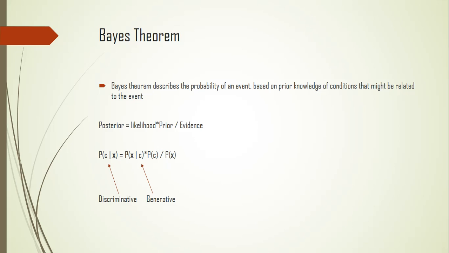For example, the probability of class C, given the data we have, the word X, is equal to the probability of X given class C multiplied by the prior probability of class C divided by the evidence that we are dealing with the word X. This is called the posterior, whose formula is equal to the likelihood of the word being put in the current class multiplied by the prior probability of the class divided by the evidence.